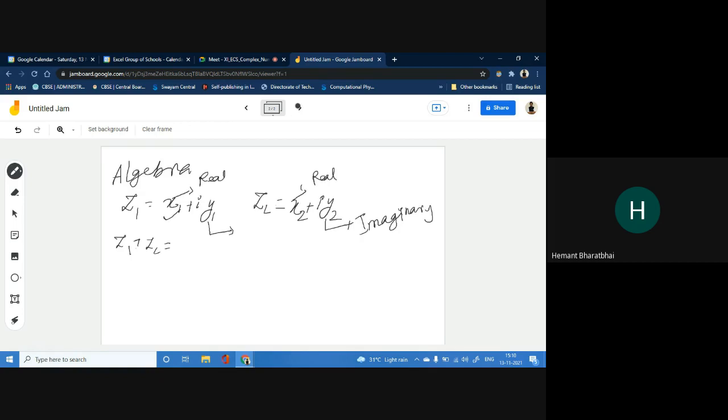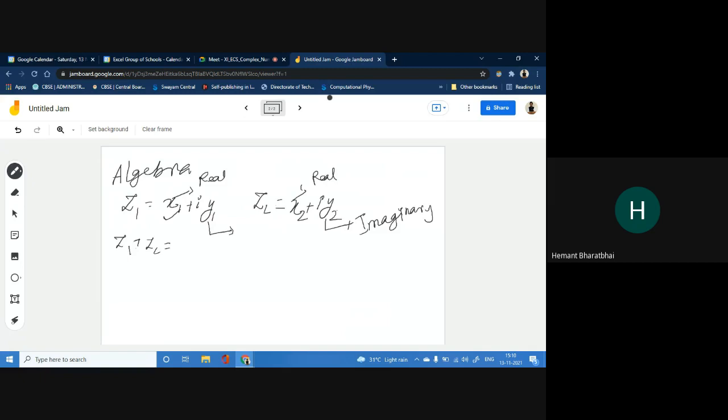So a complex number will always have two things. One will be a real part and one will be an imaginary part. Real part, why? Because there is no i. Imaginary part, why? Because there is i. We know i is called an imaginary number.